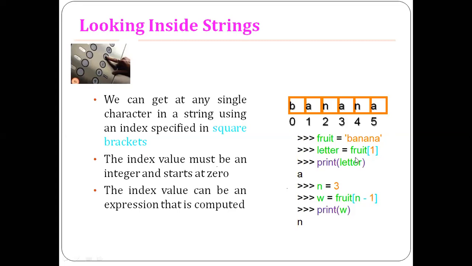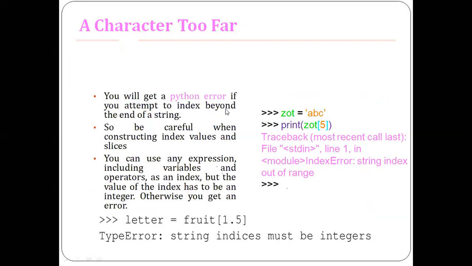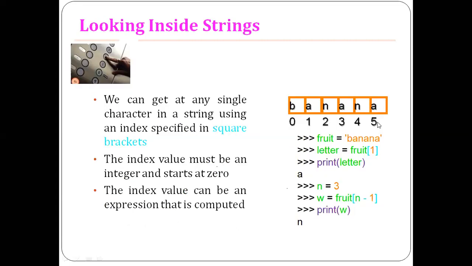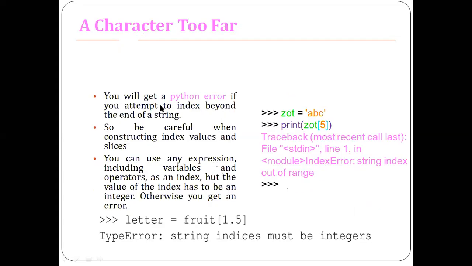If we exceed it and write fruit 6, it will generate an error message. That is exactly what it says, because we are going out of the boundary of the string.